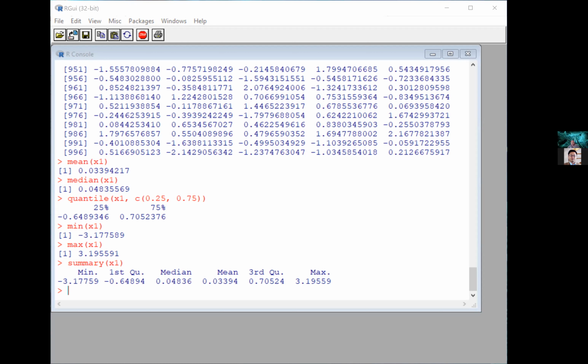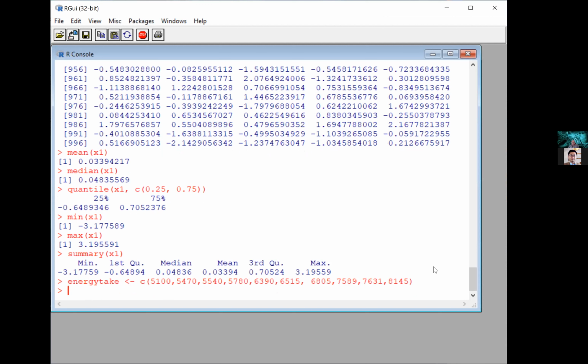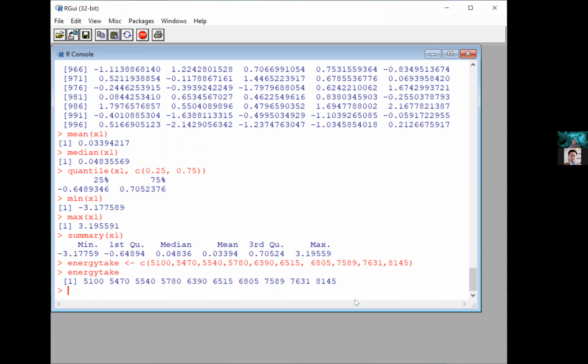Okay. The next example is daily energy intake in kilojoules for 10 individuals. We're going to define our data set. Energy intake is the name of the data set given by these numbers. To make sure it works, all we do is type in energy intake. It should give you those numbers back, no problem.